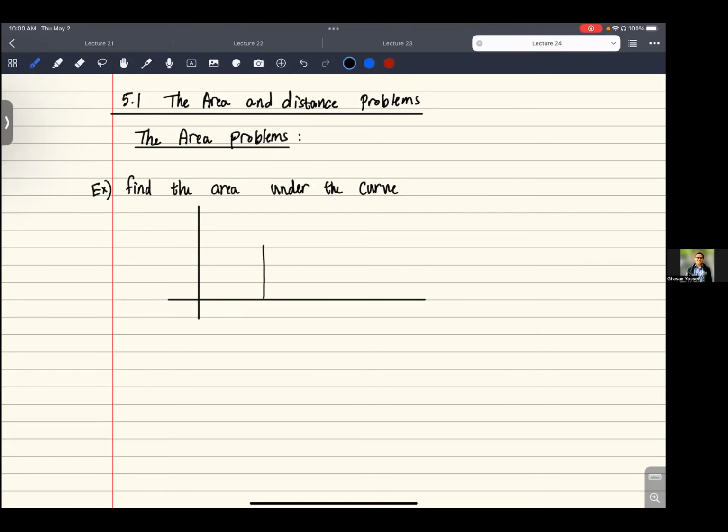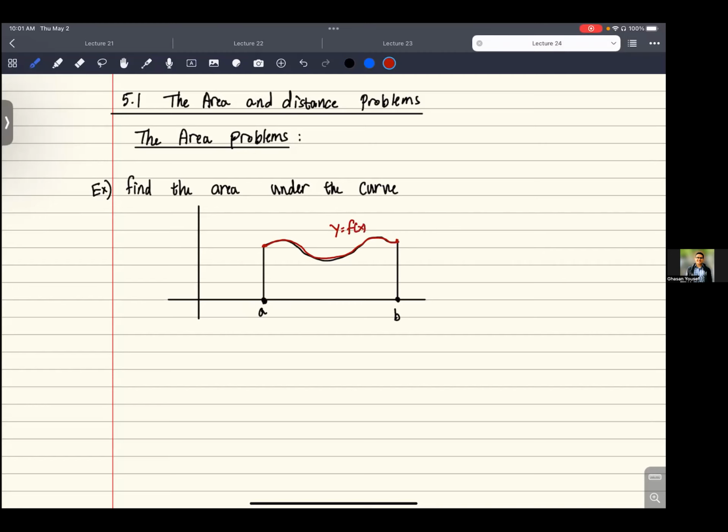For example, something like that. You start from this point and go up like this. This point is called A, and this point is called B. Here is the function, starting from this point up to this point. This is the curve of the function, y equals f of x.